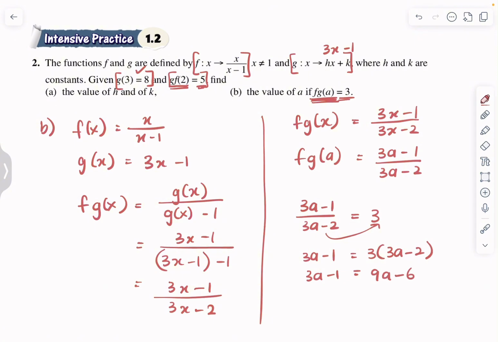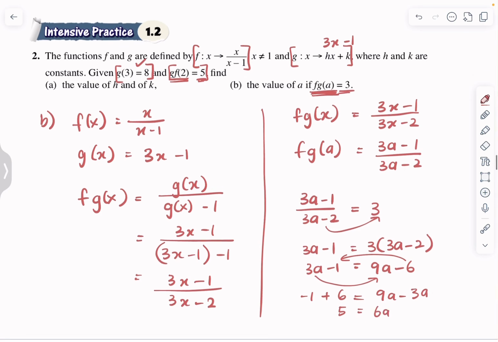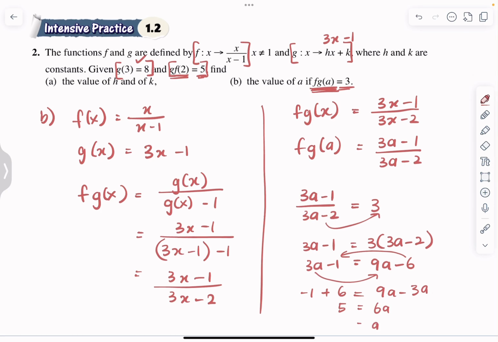So let's bring this 3a here and the negative 6 there. So 9a minus 3a is negative 1 plus 6. So 6 minus 1 is 5. 9a minus 3a is 6a. So if we make a the subject here, you'll get 5 over 6.